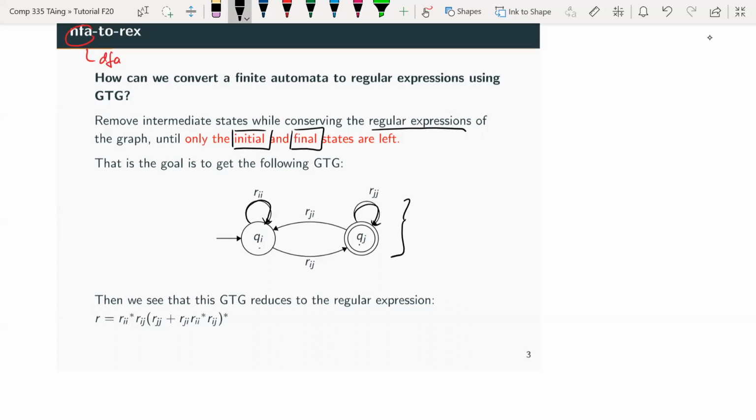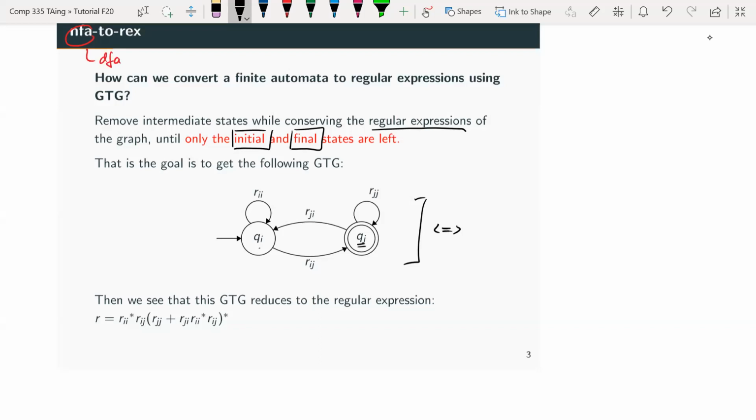And the idea here is if you have this form of general transition graph, then it should be a bit clearer to see what the regular expression that corresponds to this is. That's because in an FA, what you're going towards is trying to accept any string that ends up in your final state.